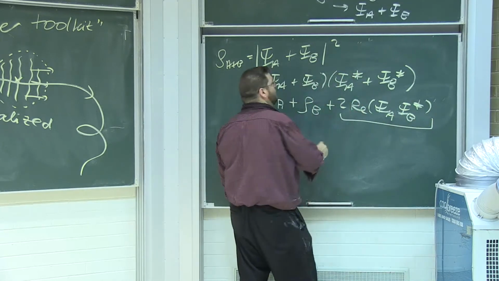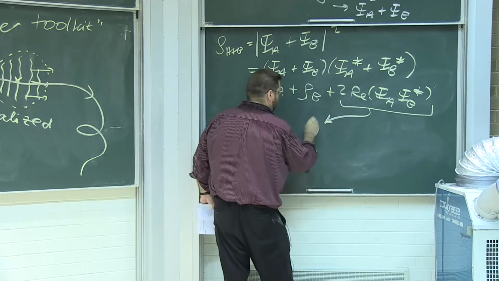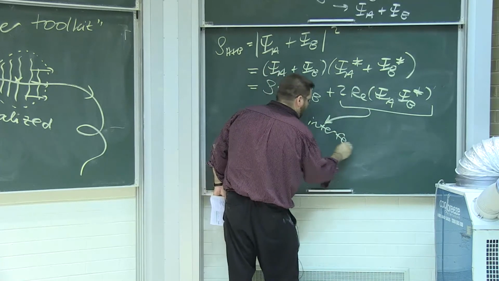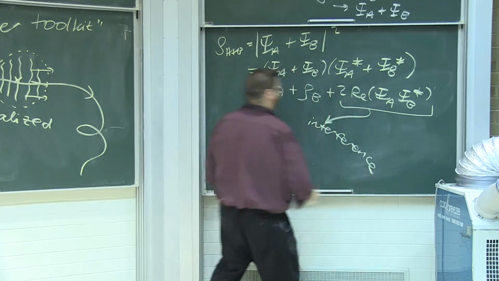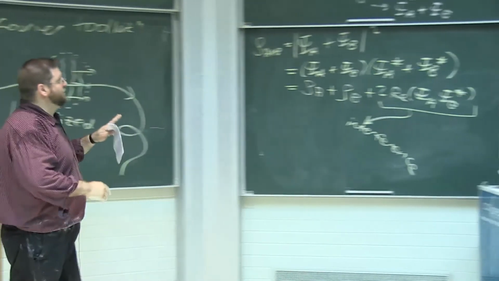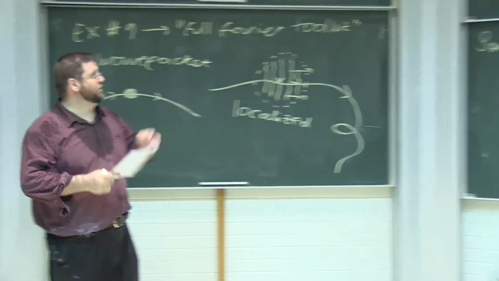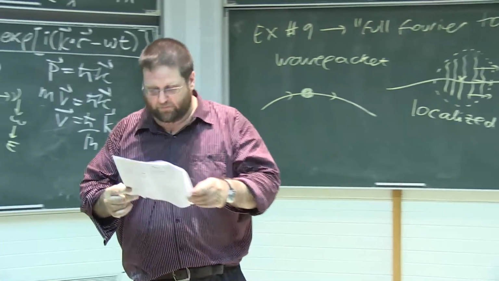This object here actually represents interference. Interference, for example, in the context of the Young's two-pinhole experiment. So interference is a direct consequence of both the superposition principle together with the complex nature of wave functions.